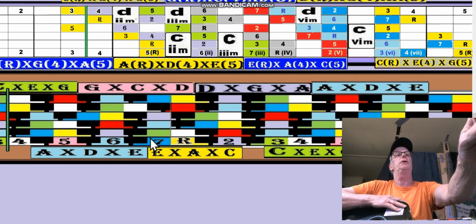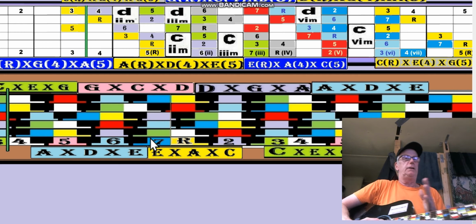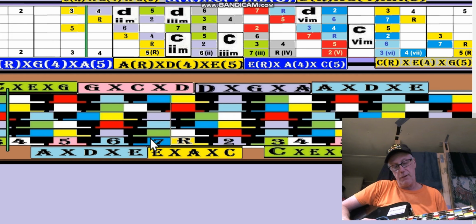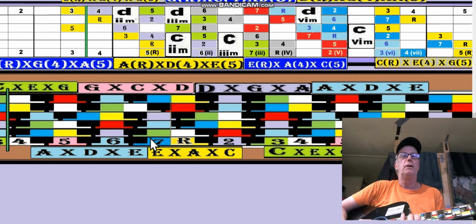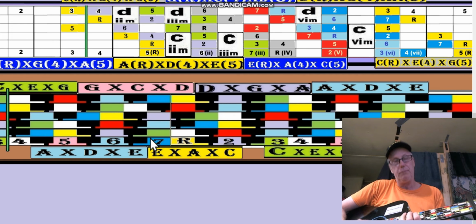It shares 2 notes with half diminished, B and D. So one way to play a B half diminished would be just to play a G and replace the G with an F, which is its 7th anyway, and that's in the mode of C. Here's your C scale. So F is in there, G is in there.